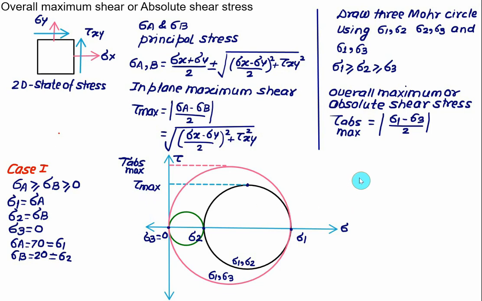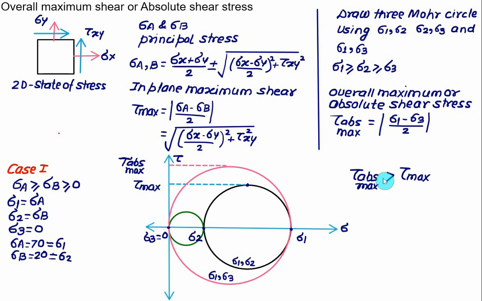So in this case the overall maximum shear stress, that is the absolute value of the shear, is greater than the in-plane maximum shear. We require this concept in the case of the maximum shear stress theory.